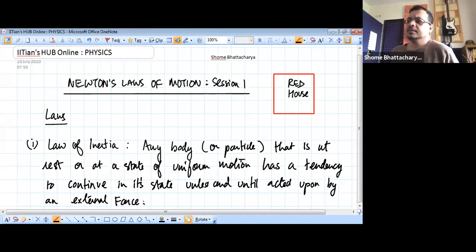Something like that. The exact words in Newton's language were somewhat more cryptic because it's from far back in history. But the effect of the statement is that any body which is either at rest or in a state of motion has a tendency to continue in its state of rest, or continue in its state of uniform motion, until and unless it is acted upon by an external force. So this is the property of inertia.